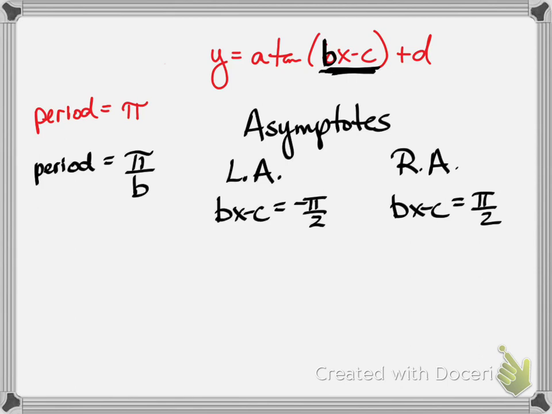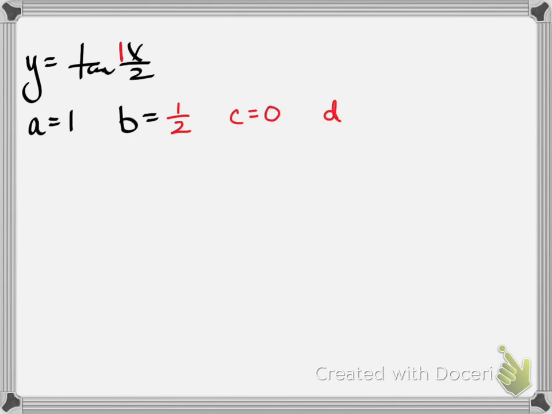So let's graph one. Let's graph y equals the tangent of x over 2. Well, the amplitude's 1, and the b is 1/2. There is no c value on this one, and there is no d value.